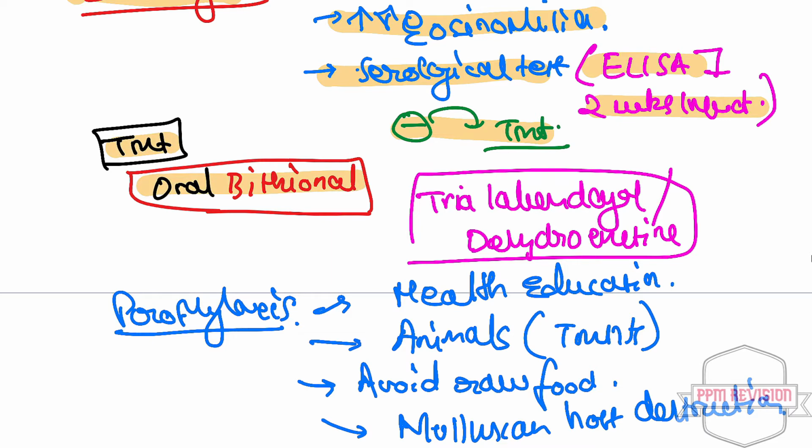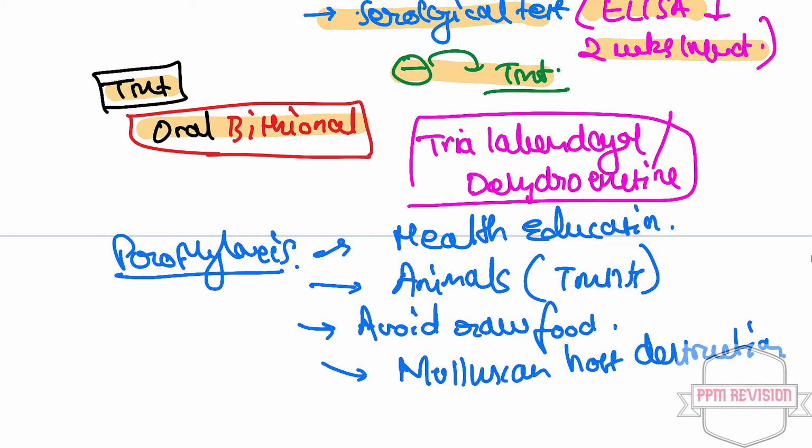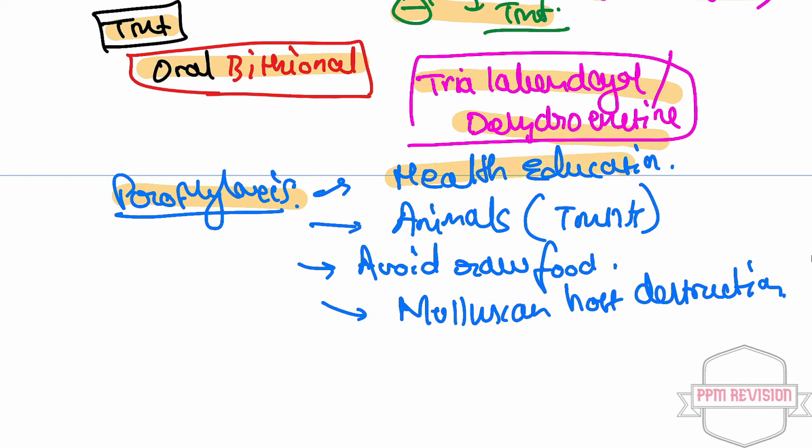Now the treatment: oral bithionol is used, and other alternative drugs are triclabendazole as well as dihydroemetine. Prophylaxis is general: health education, animals should be taken care of, avoid raw food, and molluscan hosts are destroyed.